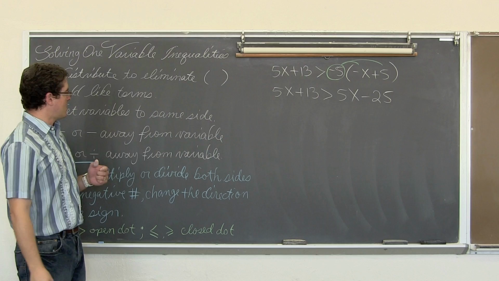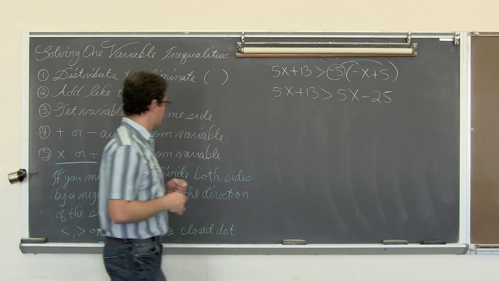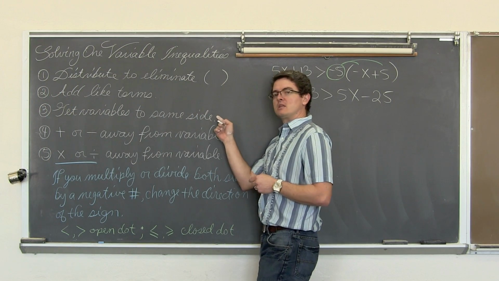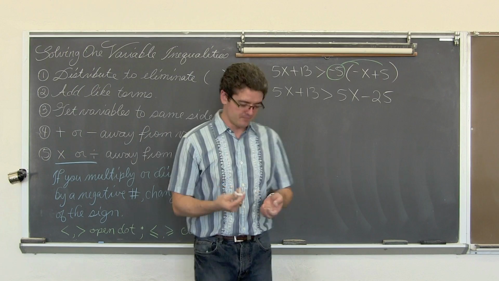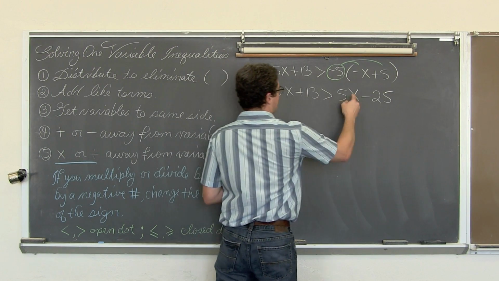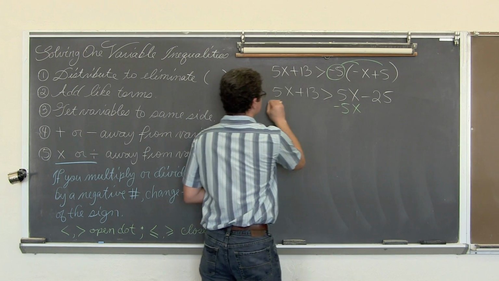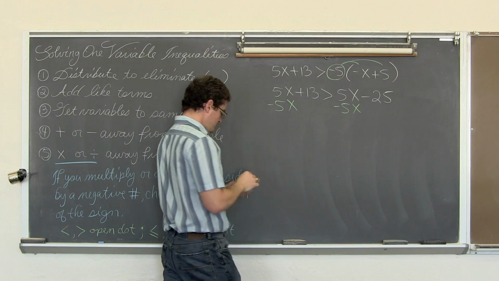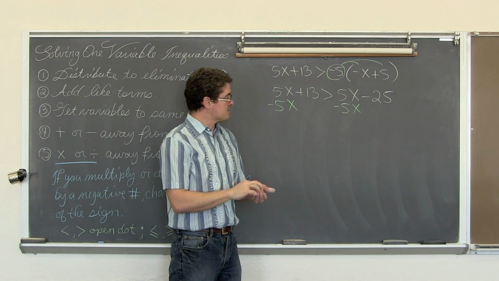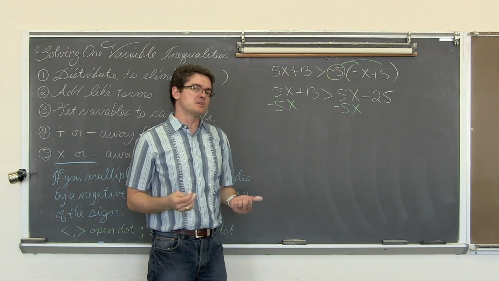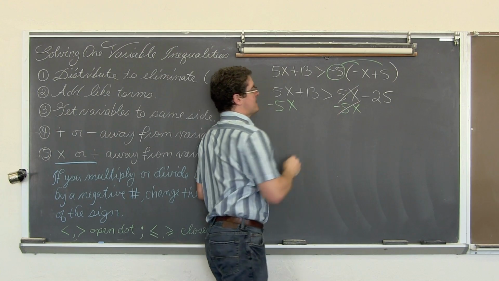We have an x on each side, so we're going to try and use addition or subtraction to get the variables together on the same side. So I'm going to take this positive 5x, subtract it from both sides, and we know, of course, that 5 minus 5 is equal to 0. So these cross out.